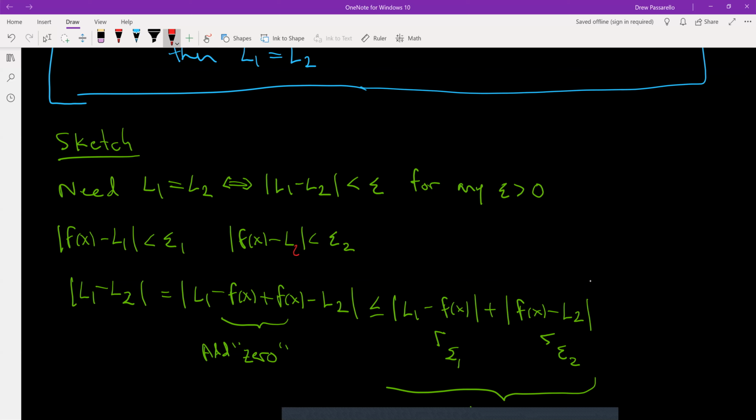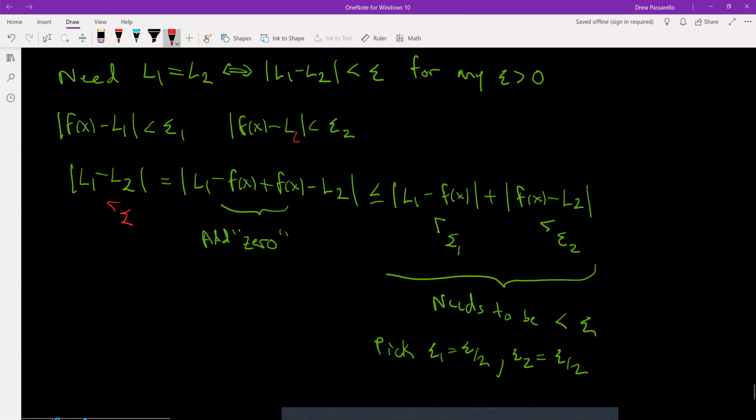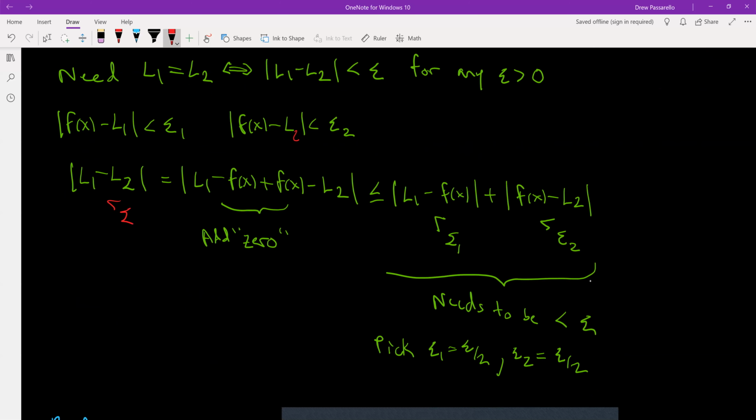So we need the whole thing, L1 minus L2, to be less than any epsilon. We're doing a trick here, which is to add 0. By adding 0, we're putting in minus f of x plus f of x. And then we can break it up using the triangle inequality. And then from the triangle inequality, we can manipulate each one of these.